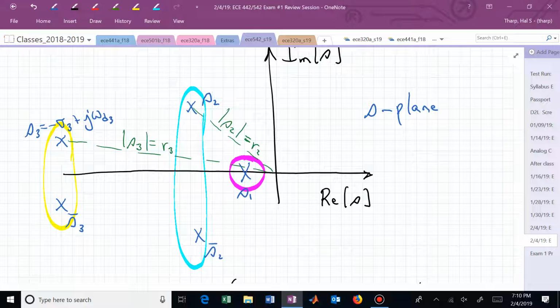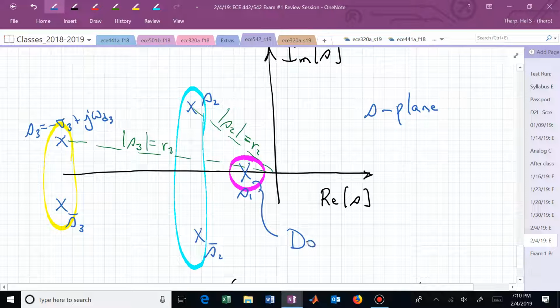Which one dominates the behavior of your system? And what does dominant mean? Does the dominant go with the fastest or the slowest? The slowest. So the dominant pole is the slowest, and which one of these is the slowest pole? The one closest to the origin. This is in the S-plane, so this particular pole is actually the dominant pole, or the slowest.